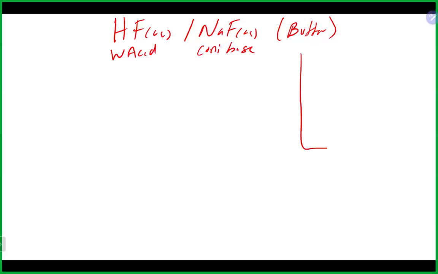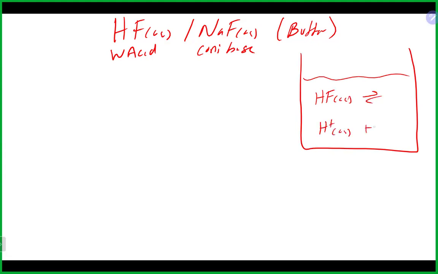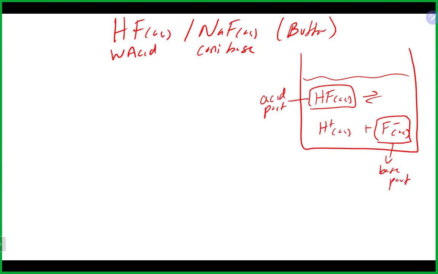And again, we will have our beaker here where it will set up that equilibrium in solution. And again, just like before, we will have our acid part floating around in there and our base part. But now in this case, we want to add a strong base to this.